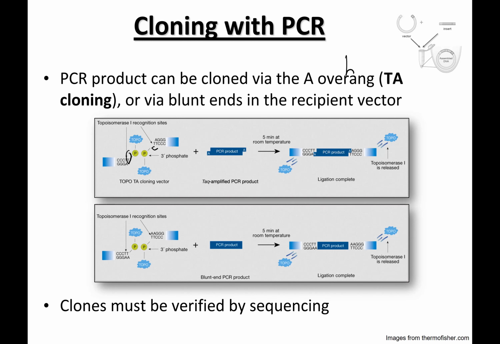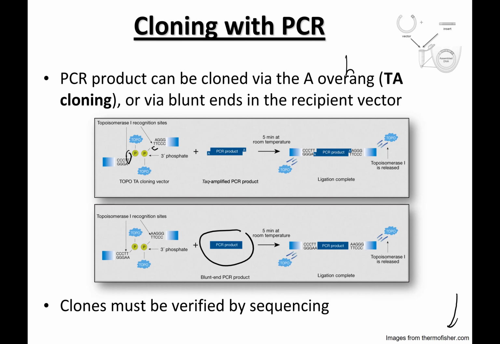Or if you use a high fidelity one, you would have a PCR product with blunt ends, which can be used with a plasmid that has blunt ends, which could have been opened up with a restriction enzyme producing blunt ends or produced in different ways. This picture refers to a commercial plasmid produced by Thermo Fisher, but it doesn't really matter.